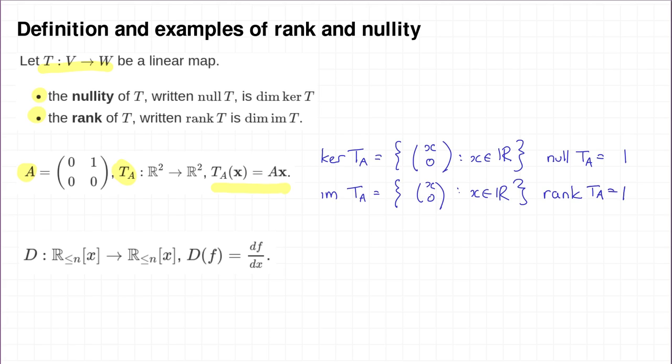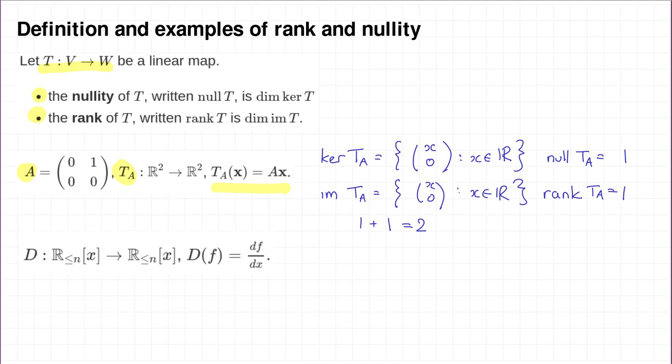And let's notice one interesting fact: 1 plus 1 equals 2. In that case, the dimension of the kernel of T, so the nullity, plus the dimension of the image of T, the rank, is equal to 2, and 2 was the dimension of the domain of our linear map TA. You'll see why I'm saying this in a moment.